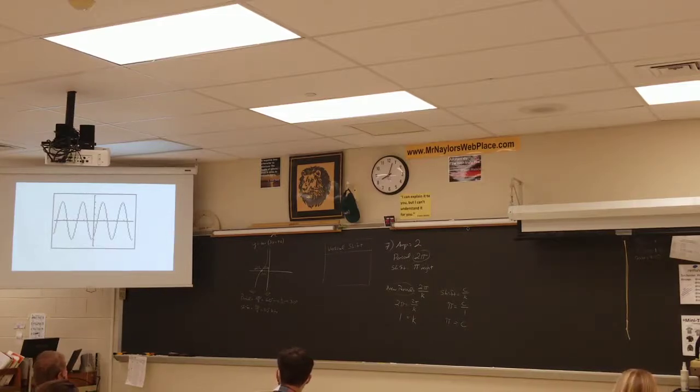Okay? When I give you a graph, one of the main things you need to realize is that I'm not trying to trick you. All shifts and periods will be in some multiple of 30, 60, 45, or 90. In other words, common angles.